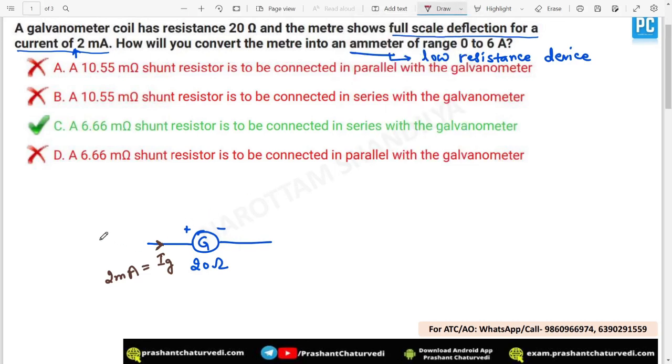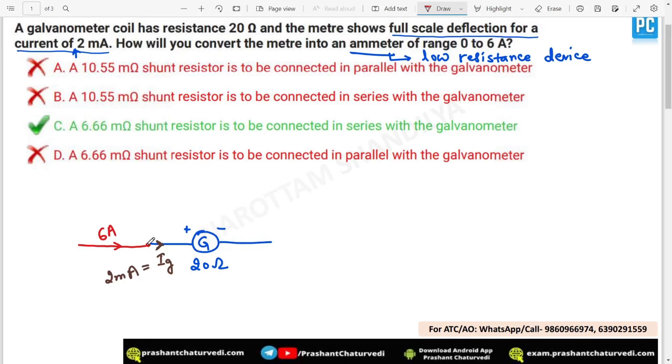Suppose from here 6 ampere current is coming, right? But this galvanometer has full scale deflection for a current of 2 milliampere only. So the rest of the current should go somewhere else.